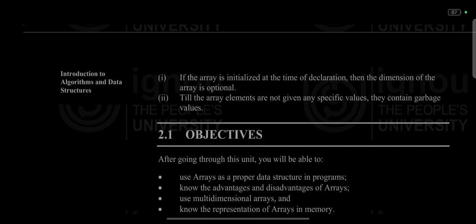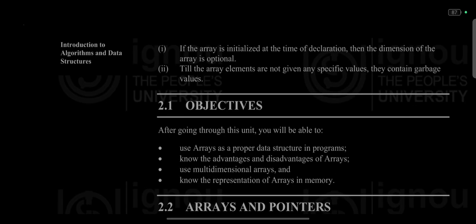If the array is initialized at the time of declaration, then the dimension of the array is optional. Till the array elements are not given any specific values, they contain garbage values.